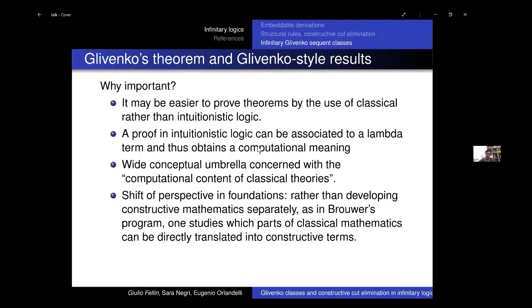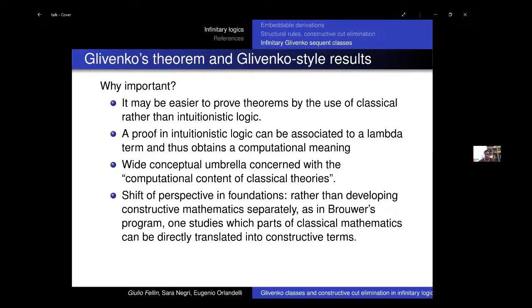Okay, so why are these important? It may be easier to prove theorems by classical logic rather than intuitionistic logic, while a proof in intuitionistic logic can be associated to a lambda term and thus obtains a computational meaning.